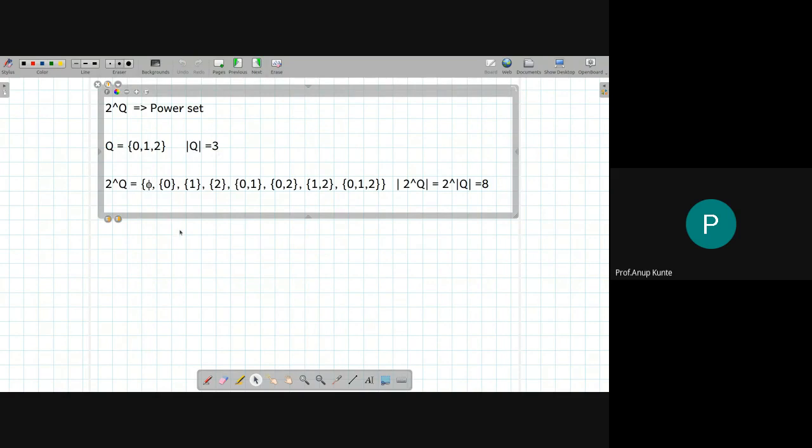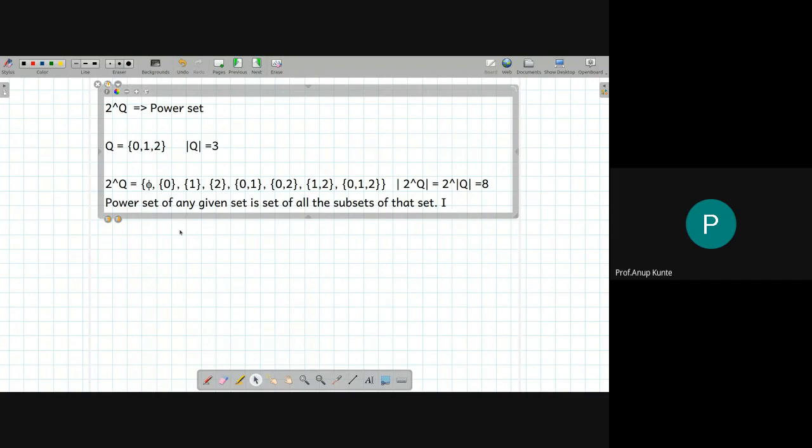So what is a power set? So definition of power set is: power set of any given set is set of all the subsets of that set.